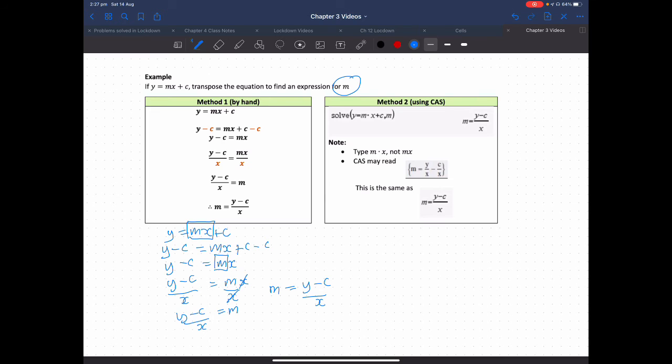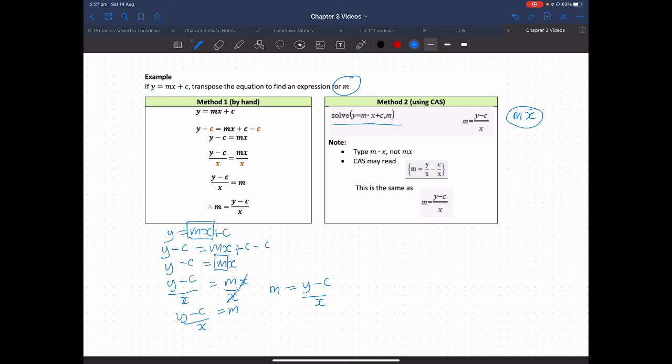The other method is to use the calculator. I'll step you through what is written on screen, then show you using the calculator. Using the solve function, y equals. We have mx is the way we write it by hand. If we write on the calculator as mx, it will read that as one thing, one variable.